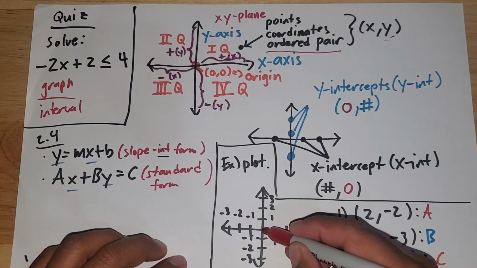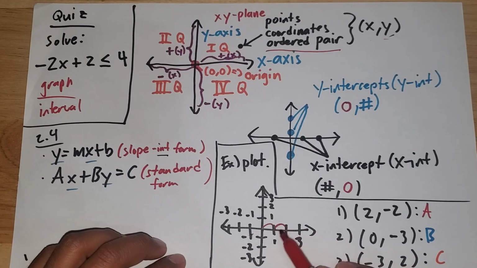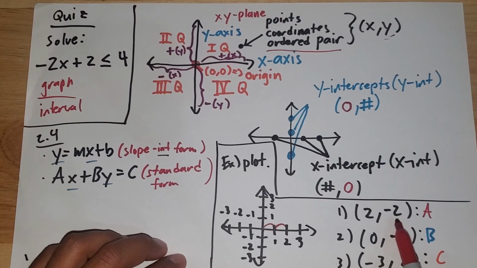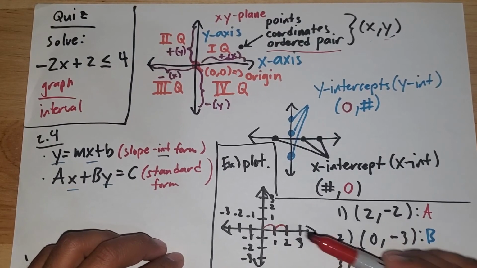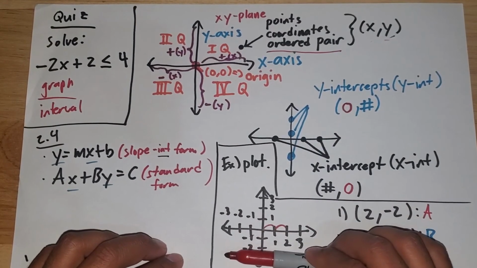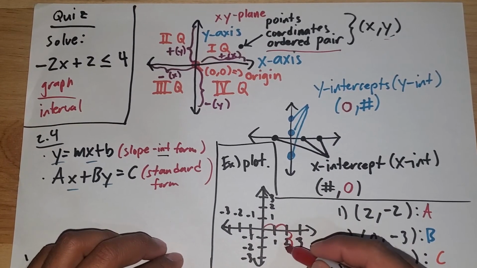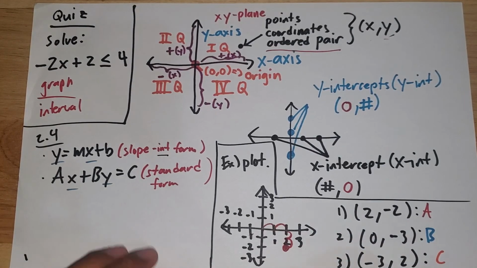So that means I'm going to move over, but that doesn't mean this is where my point's going to be. I need to now satisfy my Y coordinate. And the Y coordinate is negative 2. And the negative Y's are below the X axis. So that means I'm going to go directly below, and that's where my A is.